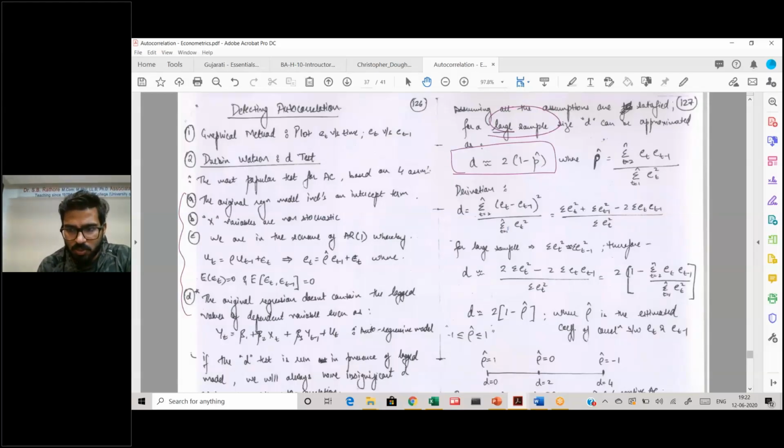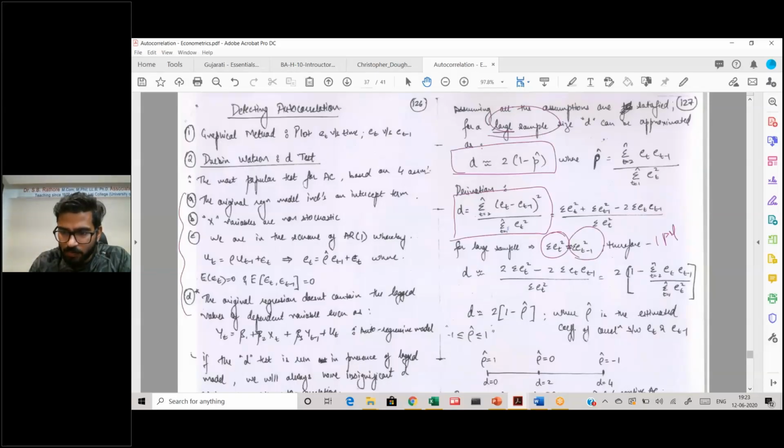Now this was the definition of d that we had taken: the sum of squared differences between one-period error terms upon the RSS. I just want you to open this term up and you will get (a plus b) whole square. And because you have an extremely large sample, the sum of squares of the error in period t and the sum of squares of the error in period t minus 1 have only a difference of one particular period.